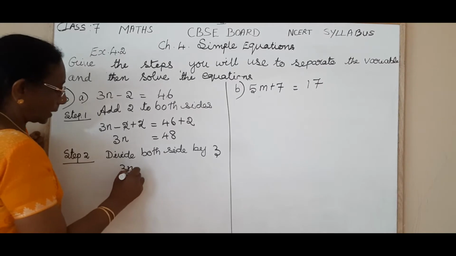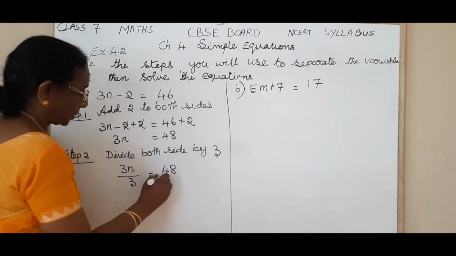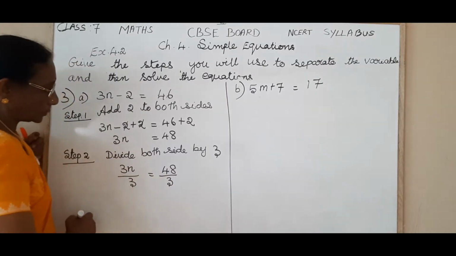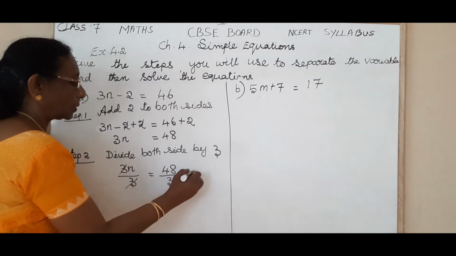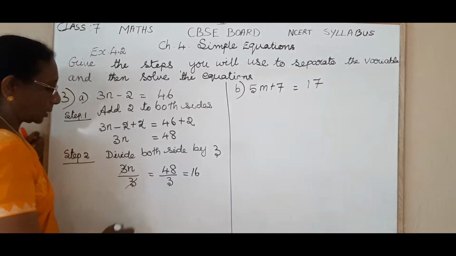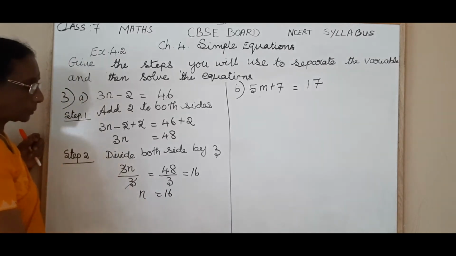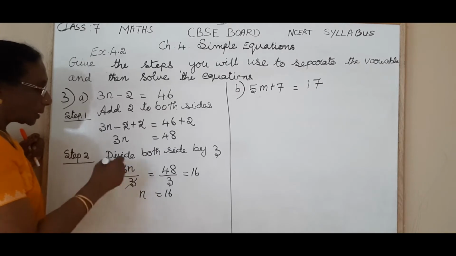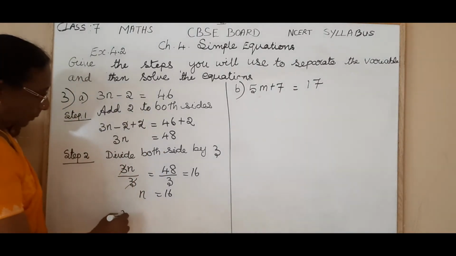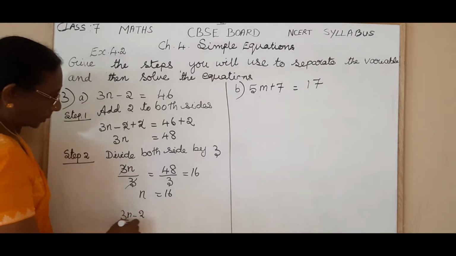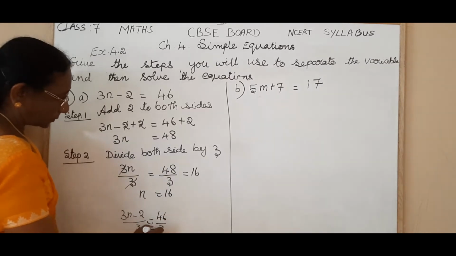So 3n divided by 3 is equal to 48 divided by 3. So 3 and 3 get cancelled. And 3 goes how many times in 48? 16 times. So n is equal to 16. Suppose you first divide: 3n minus 2 by 3 is equal to 46 by 3.